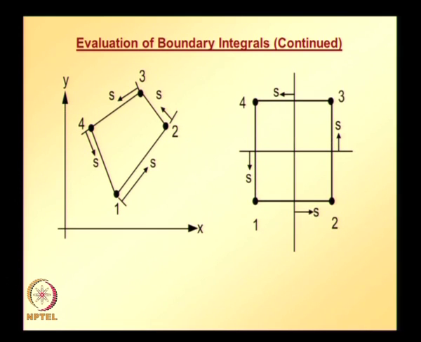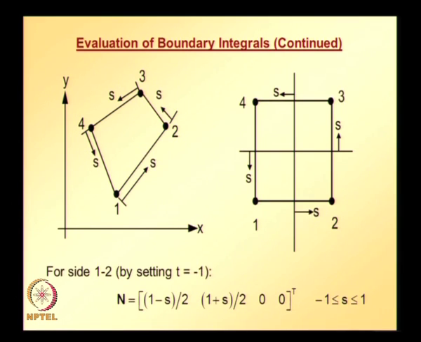Now let us write the shape function vector along each of the sides. For side 1 2, you can easily see from the parent element that along side 1 2, T is going to be -1. You know the shape function expressions of all 4 nodes for the 4 node quadrilateral element in the parent domain.